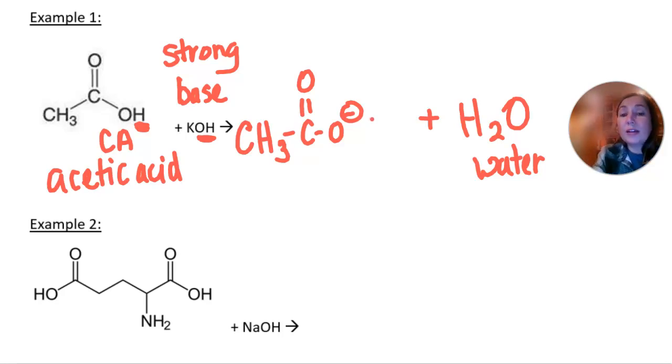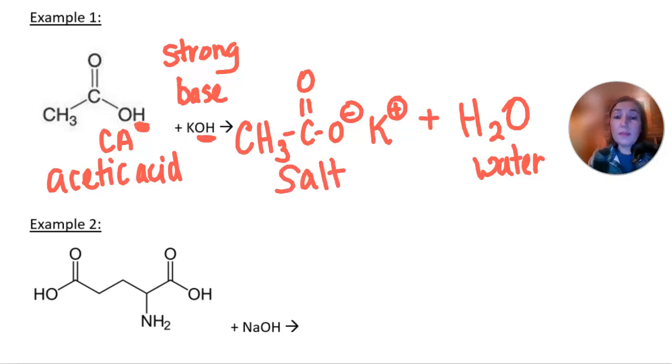Who's the counter ion to that carboxylate ion? K plus is what's remaining. That would be our cation. So that is our salt. We've got our carboxylic acid reacting with our strong base, making salt and water.